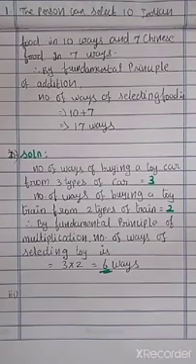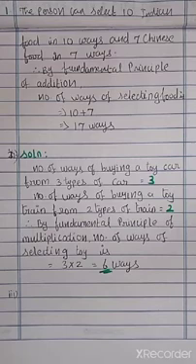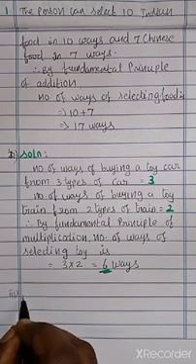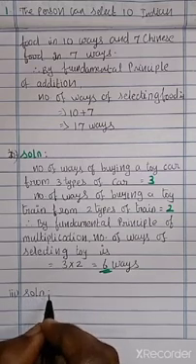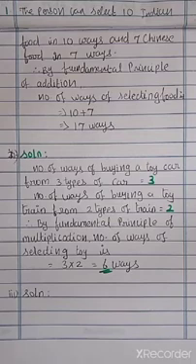Third question. How many 2-digit numbers can be formed using 1, 2, 3, 4, 5 without repeating digits? What is given here is 5 numbers: 1, 2, 3, 4, 5. We have to form a 2-digit number.